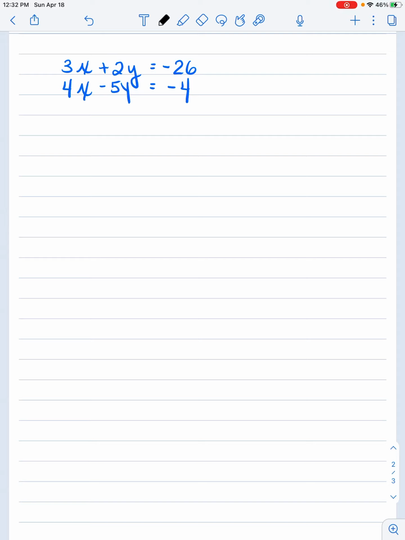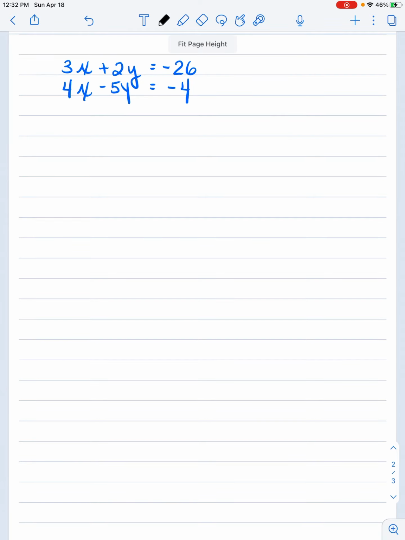Okay, so you see we have a positive 2y and a negative 2y. Well, those signs are opposite, and if I want to cancel them out, I think I'm going to just multiply both of them by a positive number.